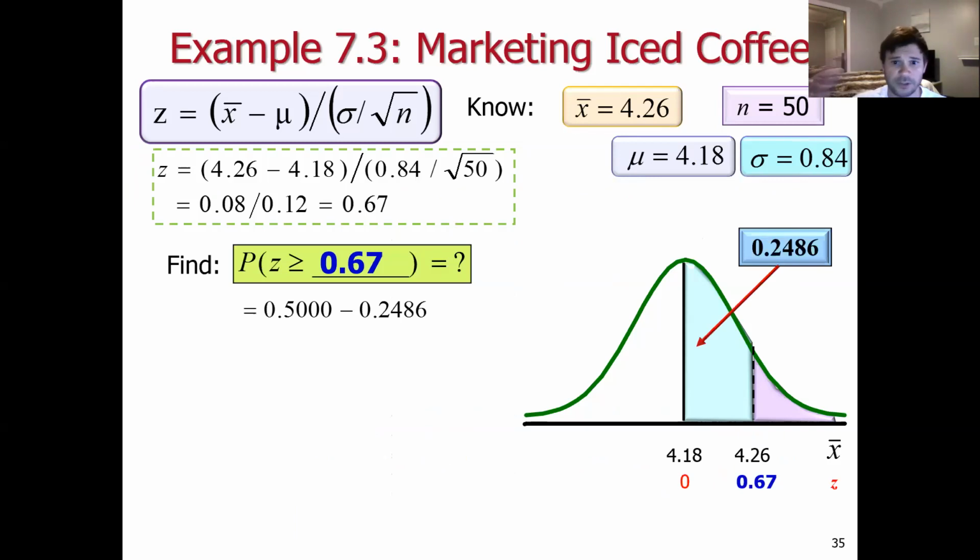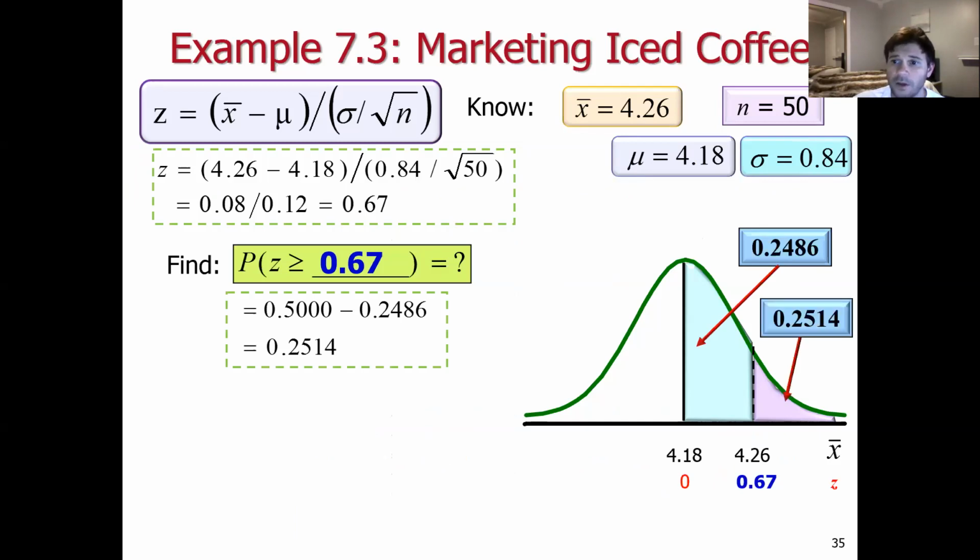So this element doesn't really change here. We figured out that value from the table. We're going to subtract it from 0.5, and this gives us the value in that upper tail, which is a little bit larger than 25%. Okay, so the conclusion here is without the promotion, the likelihood that somebody would be spending an average of $4.26 or more would be about 25%.